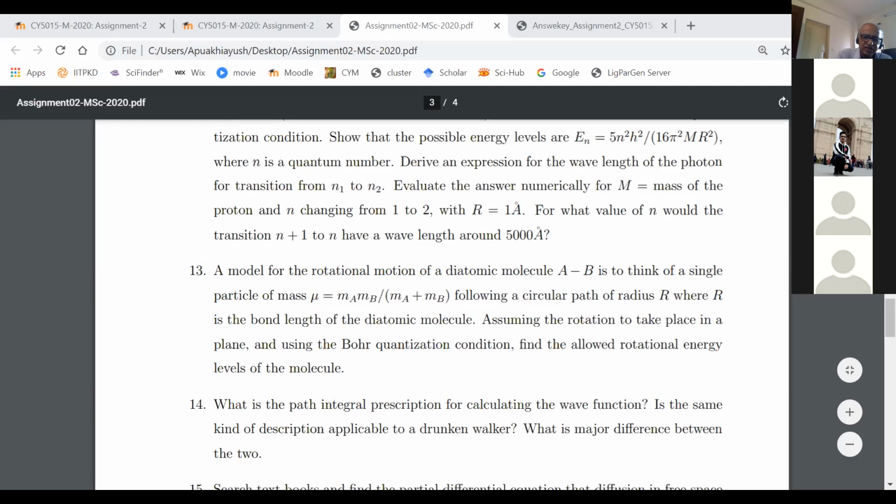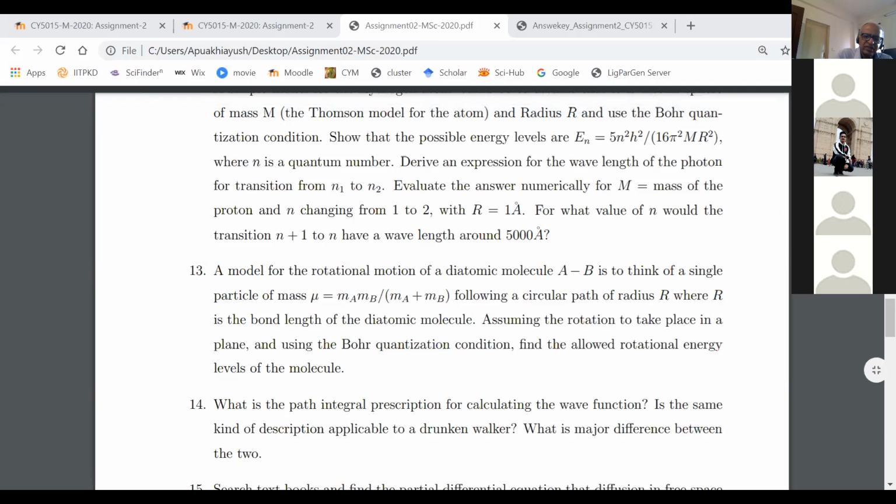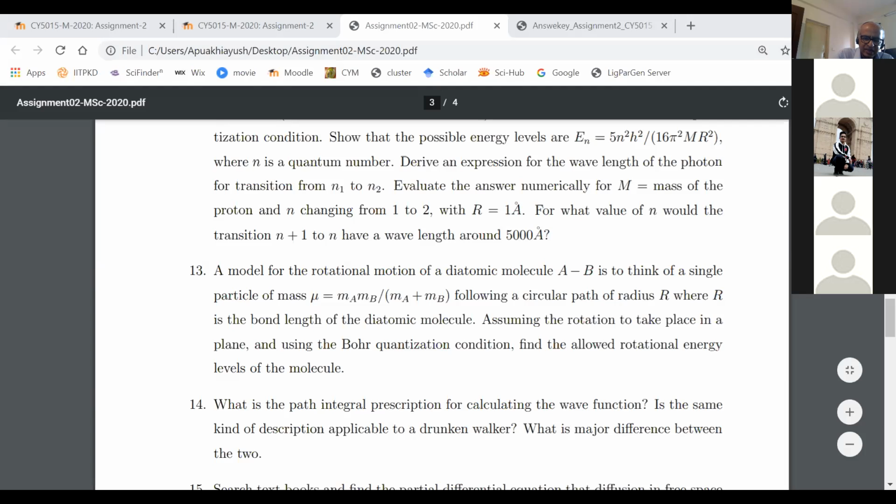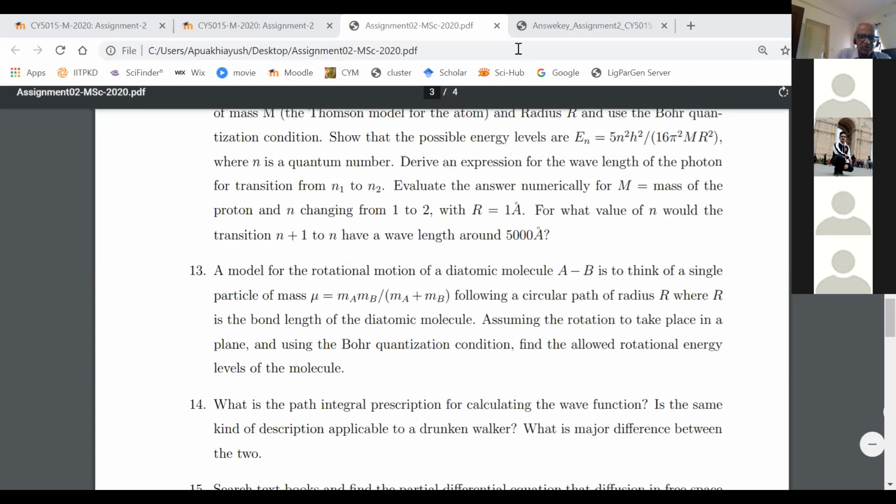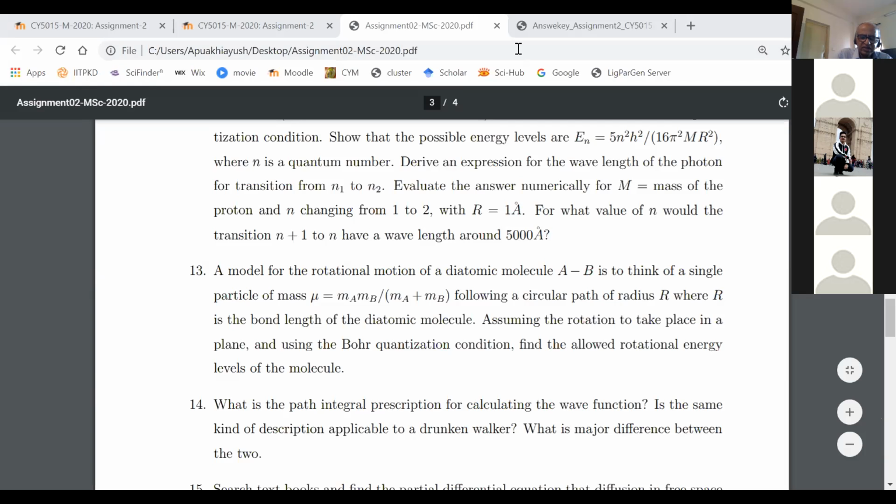So the question actually gives you all the details that you need. What I said, the rotational motion of the diatomic molecule is equivalent to that of a single particle of mass mu going around the origin along a circular path having a radius which is equal to the bond length. So therefore the question is self-contained.